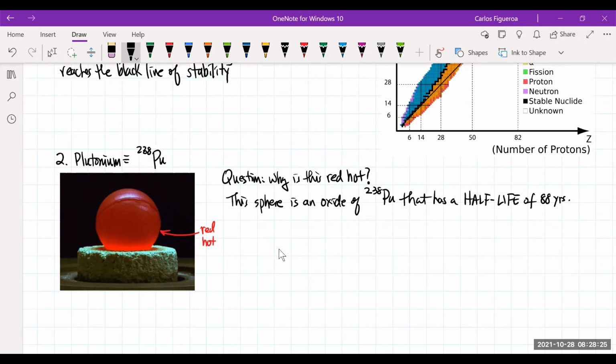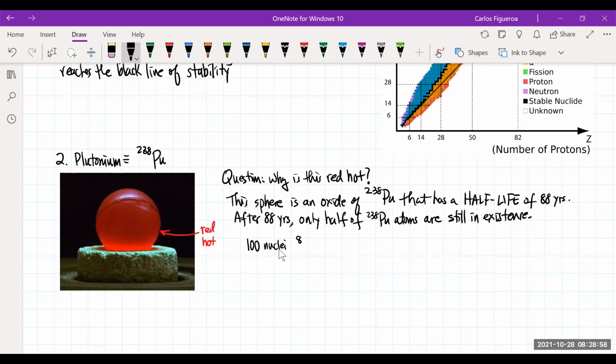So what this means here is that after 88 years, only half of 238 plutonium atoms are still in existence. And what I mean by that is imagine that you start off with 100 of these nuclei.